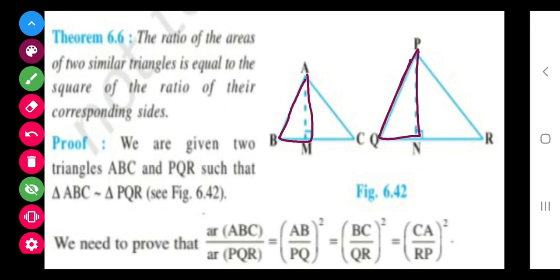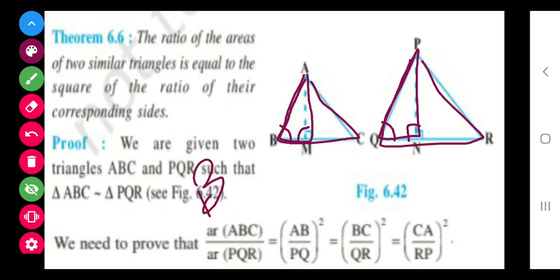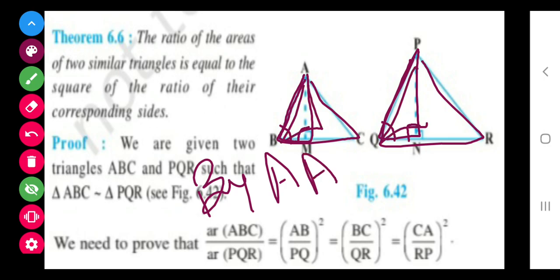These two triangles we can make similar. So angle B is equal to angle Q, and angle M and angle N are 90 degrees. So by AA we can say that these two triangles are similar.